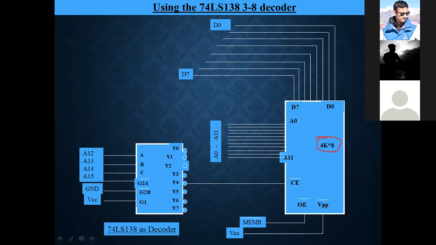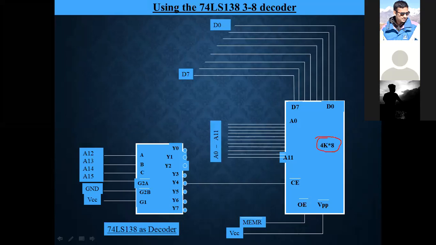How many address lines are needed? 12. So we know that A0 to A15 are the address lines. 12 address lines means A0 to A11, and the rest, A12 to A15, are used for the chip enable.